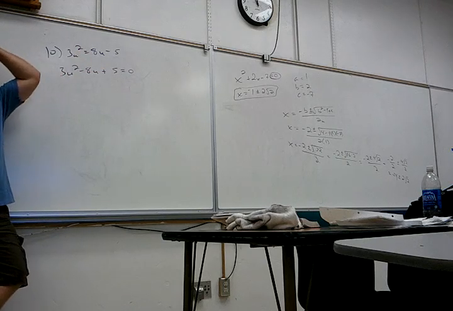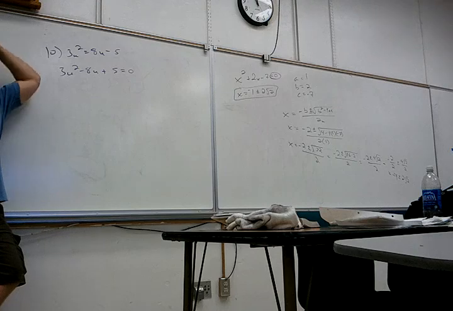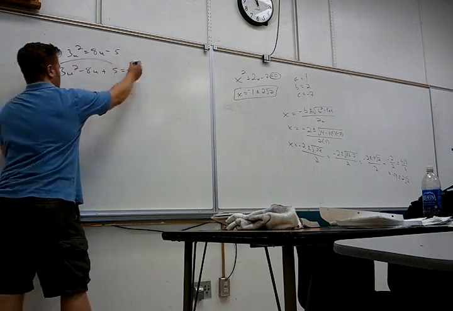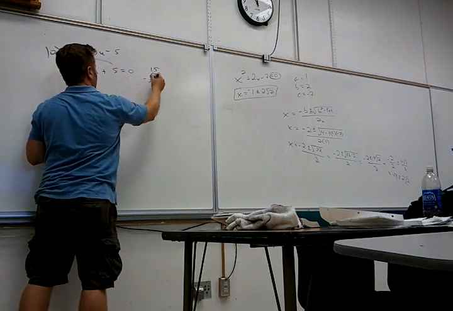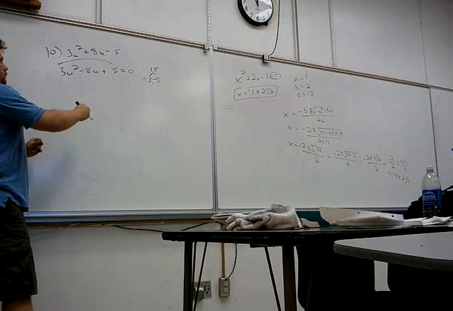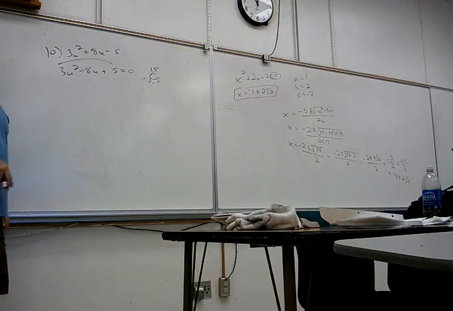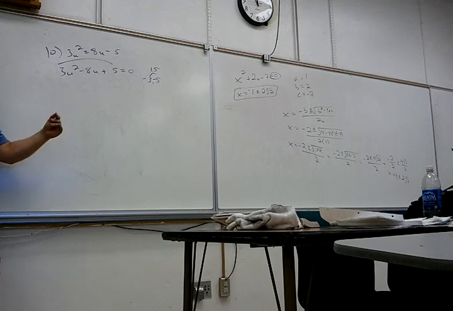C would be 5. You can throw it in there. But this one you should be able to factor. 15, 3 and 5 if they're both negative. Break this up, group it. Bam. Right? So be careful. I'll do the same thing on the test. I'll be very specific on a couple problems: use completing the square, use the quadratic formula, and then I'll just say, solve these. And you have to use, hopefully, the best way.